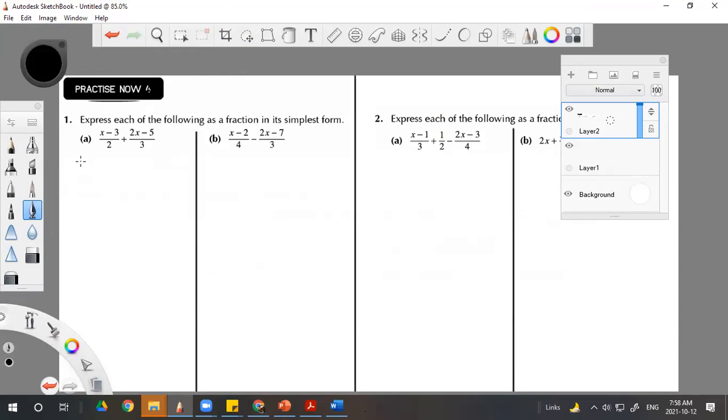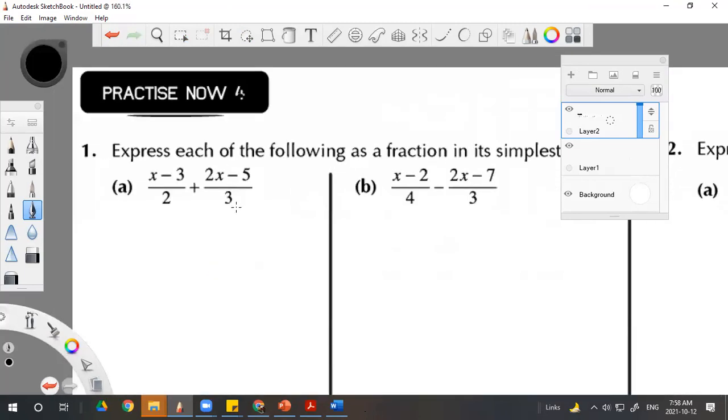Yeah, that's it. So again and again, if we deal with fractions, we have to make the denominator equal. That's first thing first. Here, we have 2 and 3. So x minus 3 times 3.